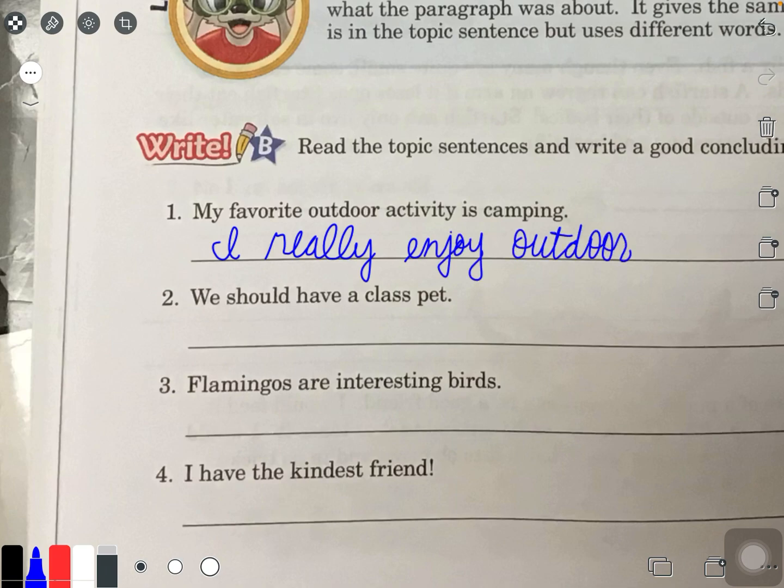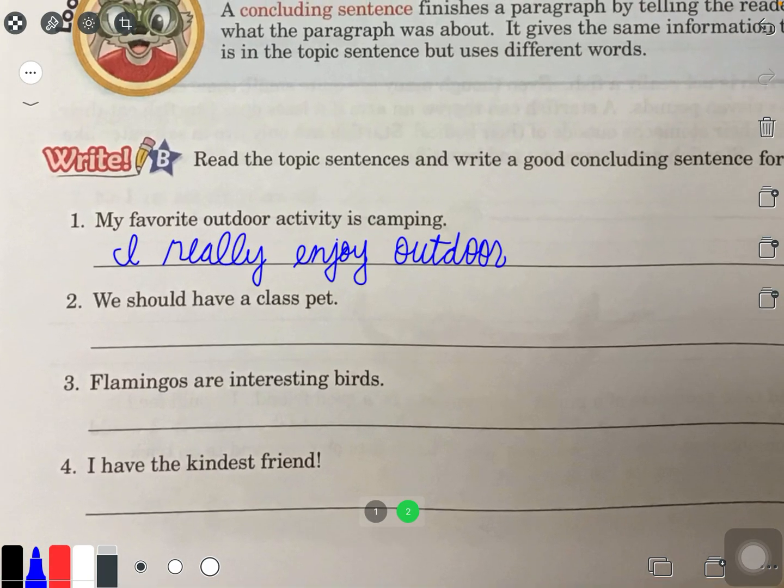Or you can say something like, that is why I like outdoor camping, or that is why outdoor camping is my favorite activity. So you can say something along those lines. If you think of something different, let me know during our meeting. I really enjoy outdoor camping. So again, you can say something like, that is why outdoor camping is my favorite activity. Or you can say, I really like outdoor camping, as your concluding sentence.